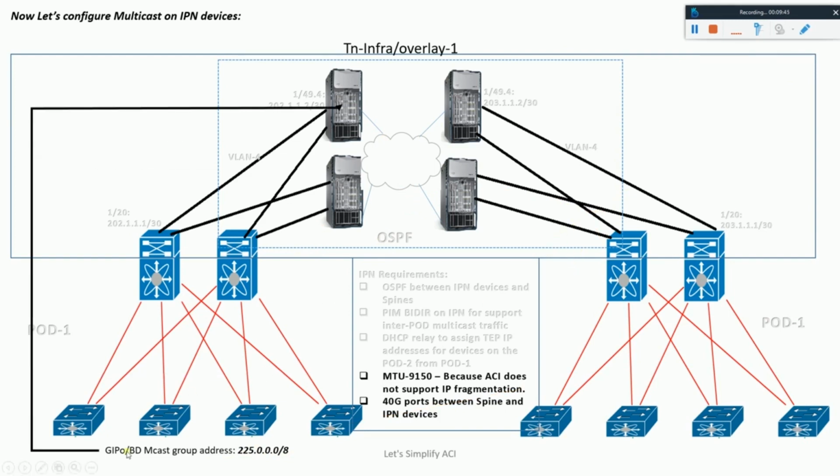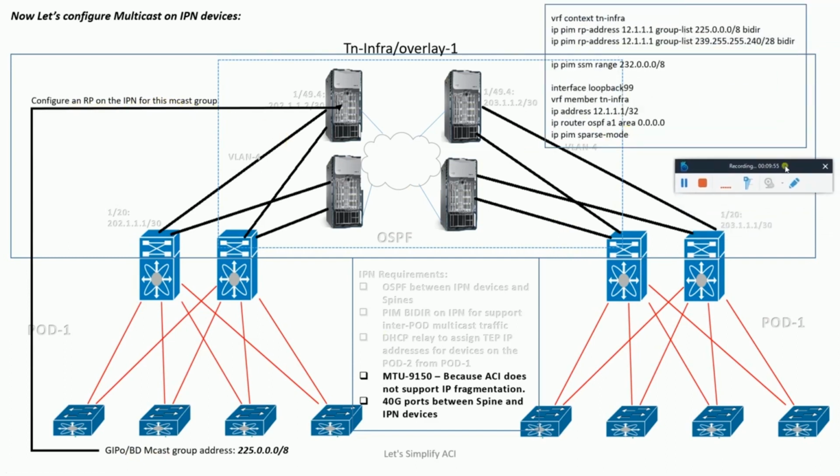So for this bridge domain multicast group address, you're configuring the rendezvous point on the IPN devices for this multicast group. This is a very basic type of configuration that you can do. You can configure the same loopback interface on both the IPN devices, giving them the same IP address. If you do not know the logic behind that, I advise you to go through the Cisco guides on configuring phantom RP or bidirectional PIM in Nexus devices.